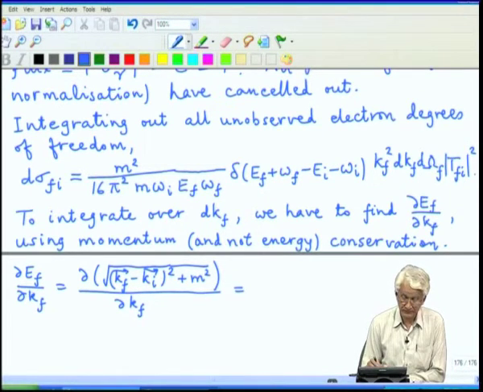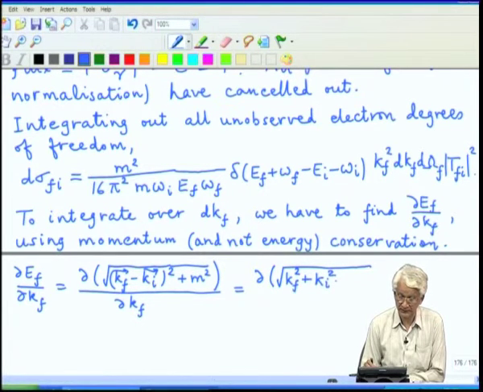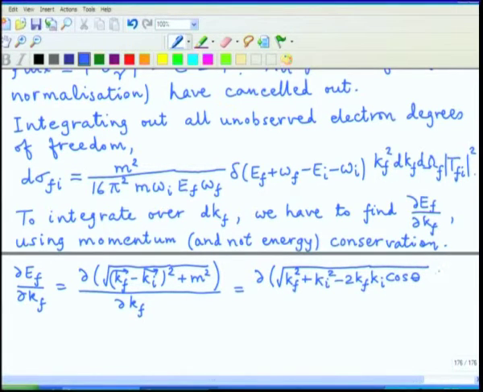So, it is a square root of k_f squared plus k_i squared minus 2 k_f k_i cos theta, which is the dot product of k_f and k_i, plus m squared, d k_f.